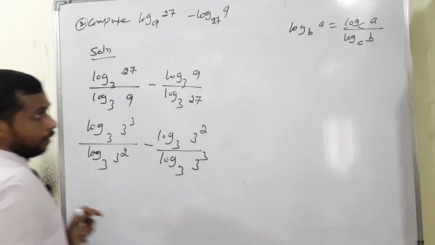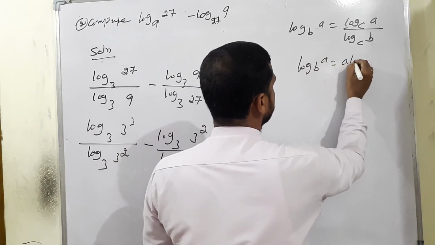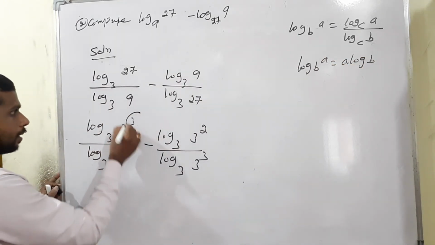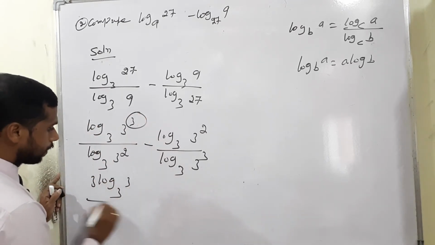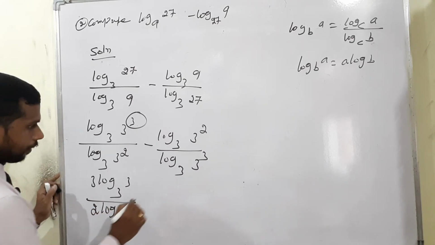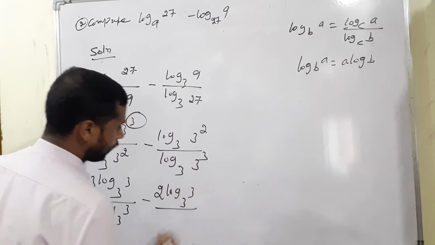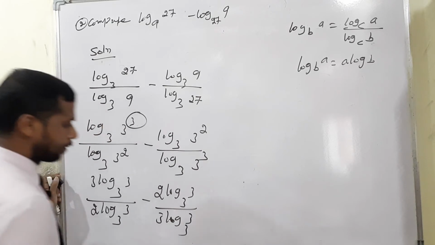The other one, the power rule: log b power a means a log b. So the power comes to the front: 3 log 3 base 3 divided by 2 log 3 base 3, minus 2 log 3 base 3 divided by 3 log 3 base 3.